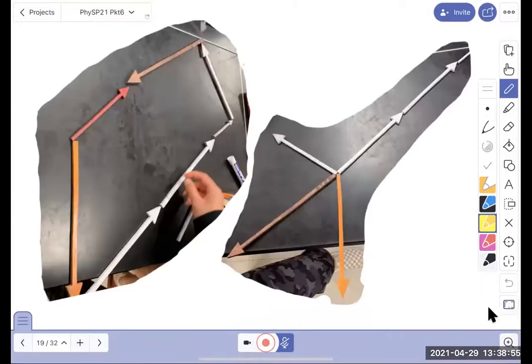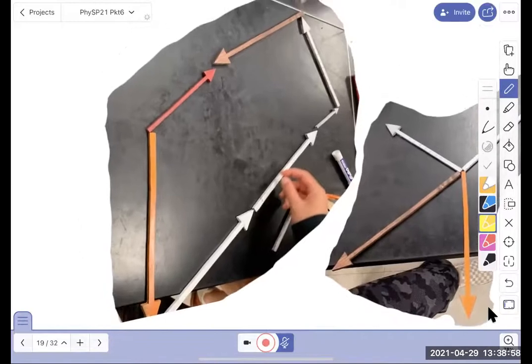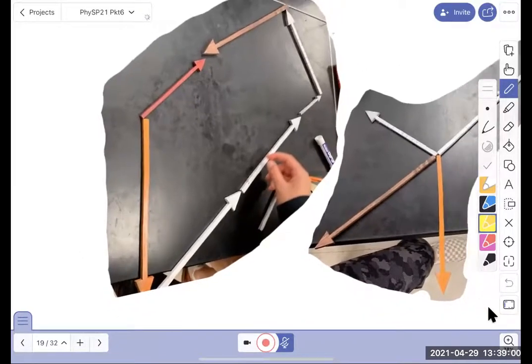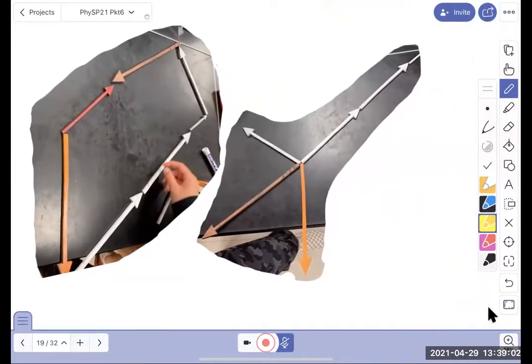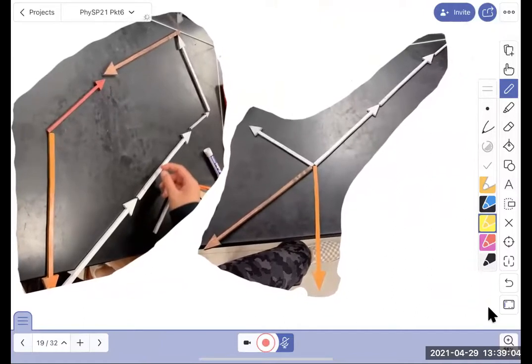The next one shows a group that did it this way, and then the same group redid it. And what's missing? This is the free body diagram, and this is head to tail. What's missing from the free body diagram?